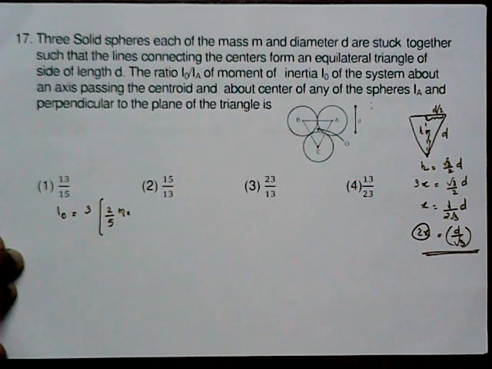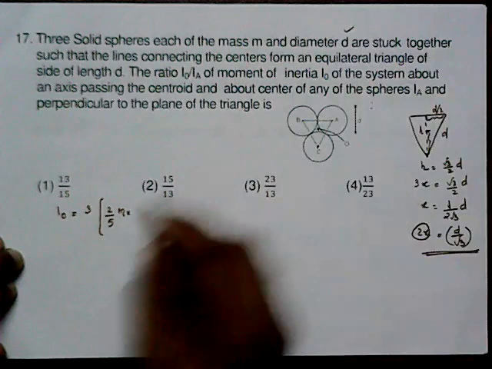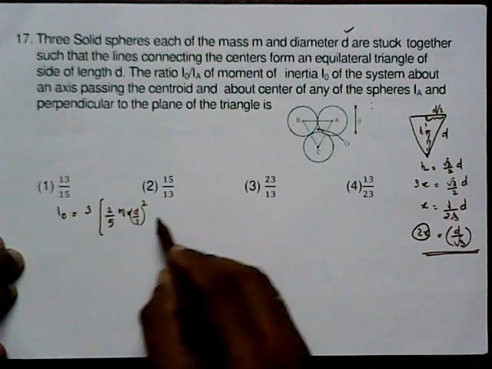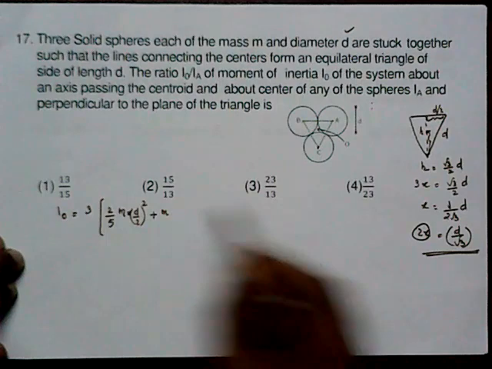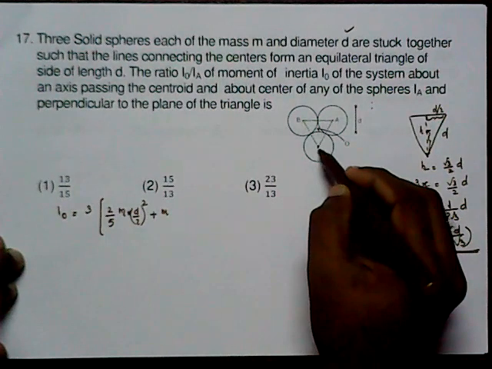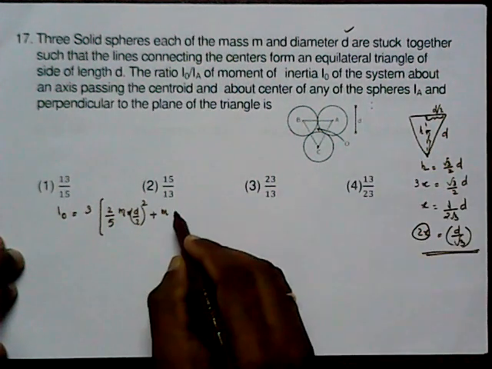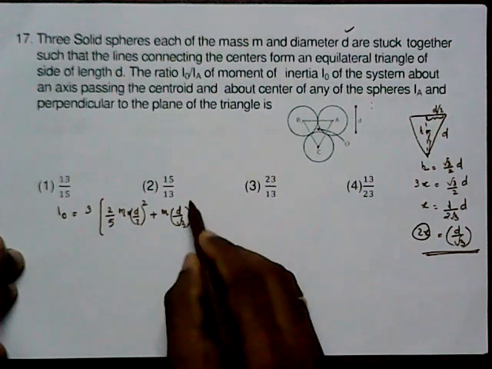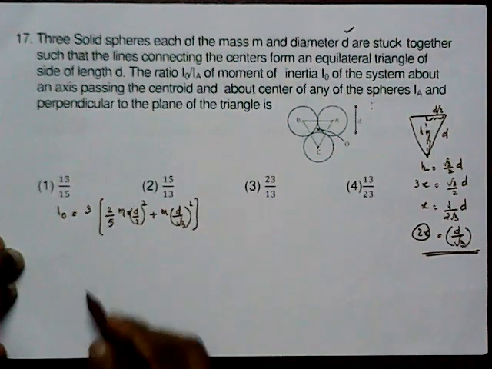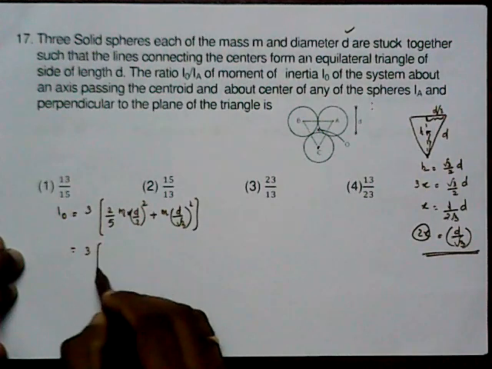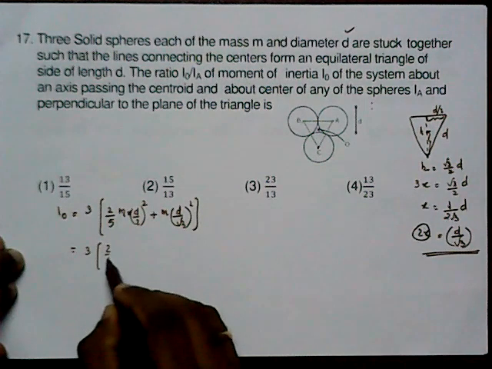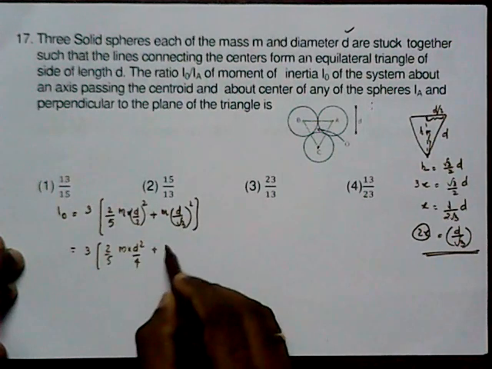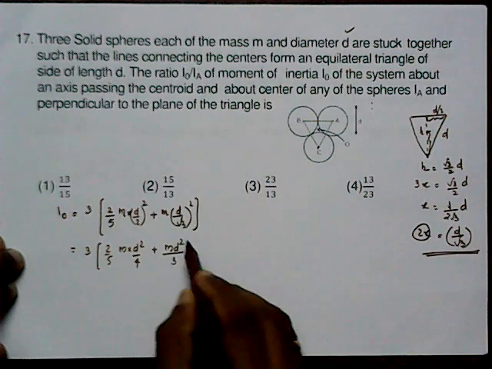The radius, here the diameter is given as d, so we can say d by 2 the whole squared, plus m into the centroid to corner separation, that is d by root 3, that much squared. So that is equal to 3 into 2 by 5 m d square by 4 plus m d square divided by 3.